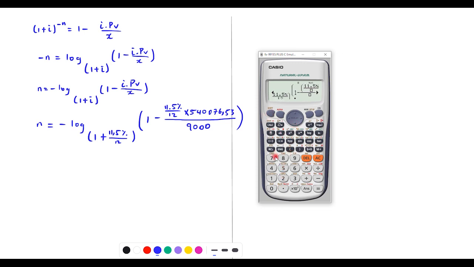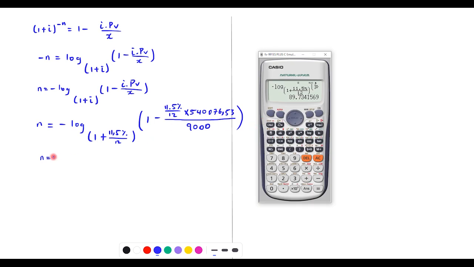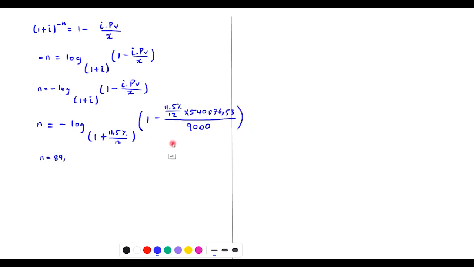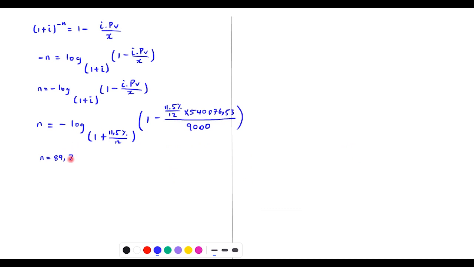And then we close that. And then I say 540,076.53 over 9,000. Let's see. So n is going to be equal to 89.7341569. Alright, so what does this mean?